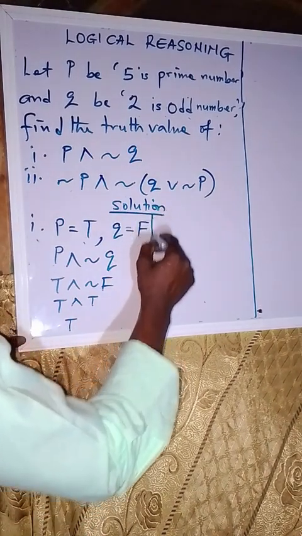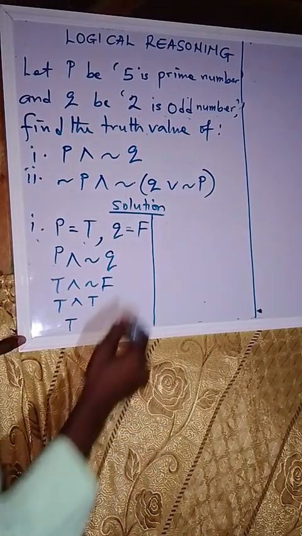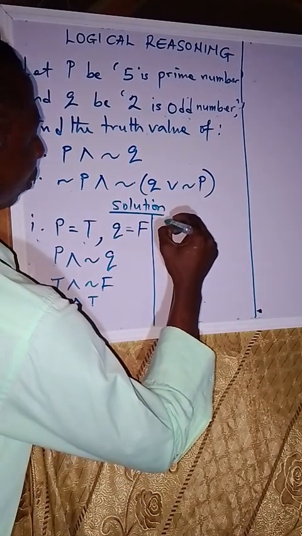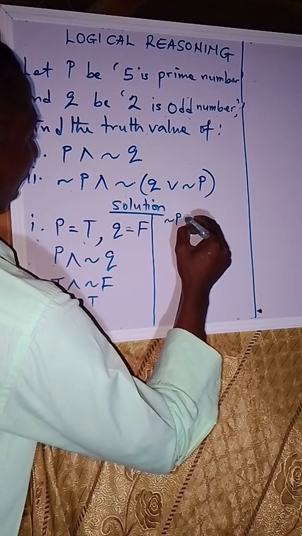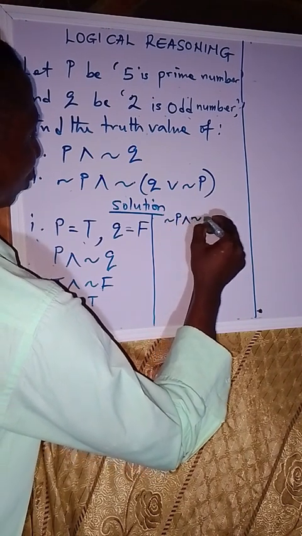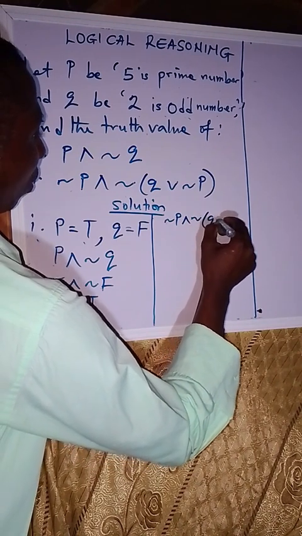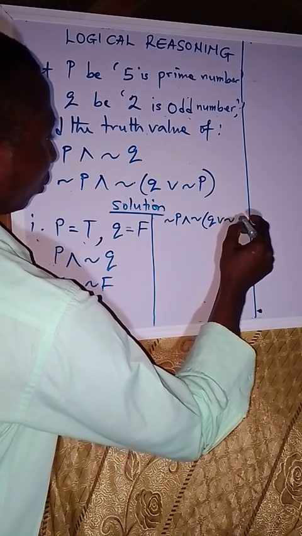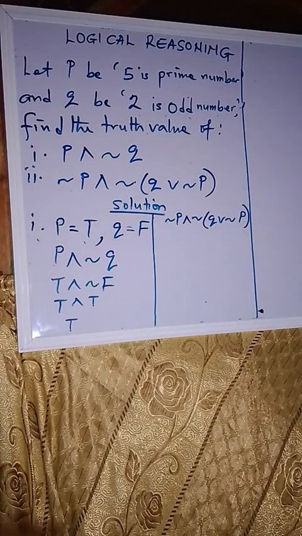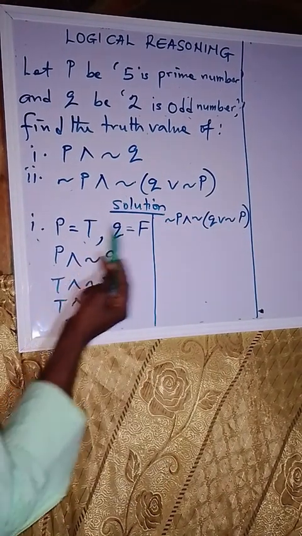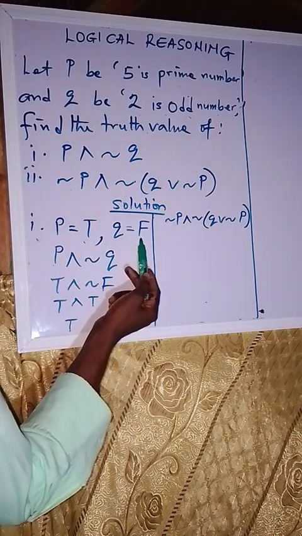Now the second one, we have negation of P and negation of Q or negation of P. So we just substitute the value. Our P is true and our Q is false.